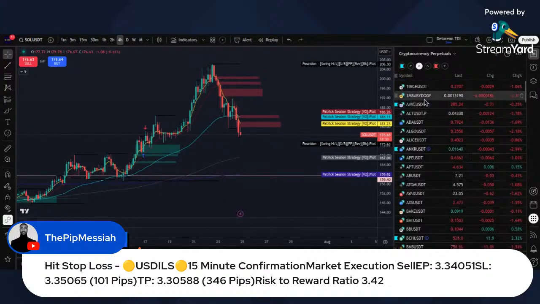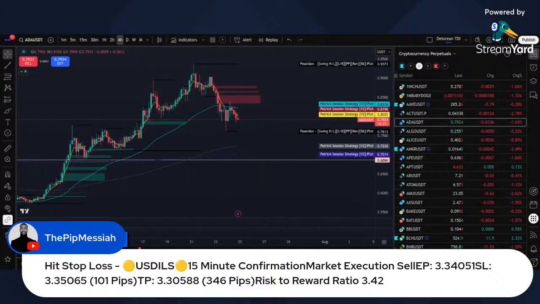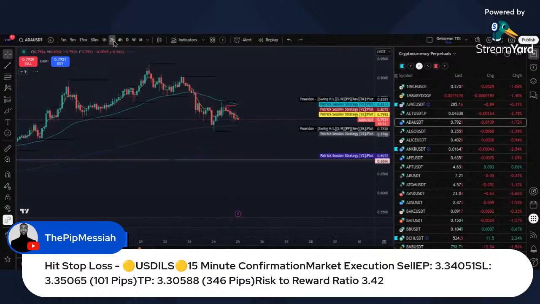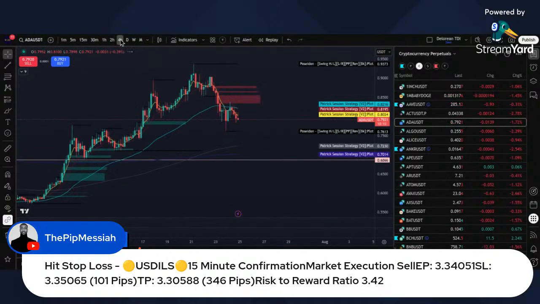Let's take a look at Cardano, the last of the big 5. Again, we marked off the 0.6866. Very weak areas of support. And it has been below this one already.